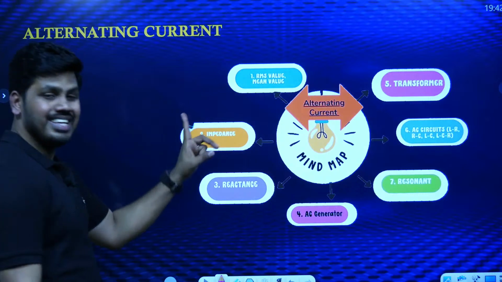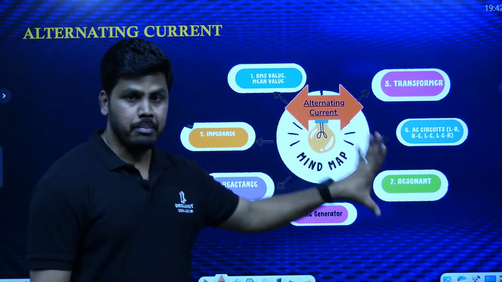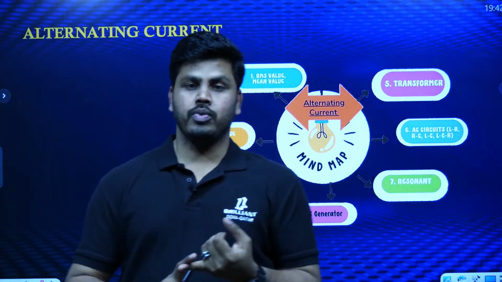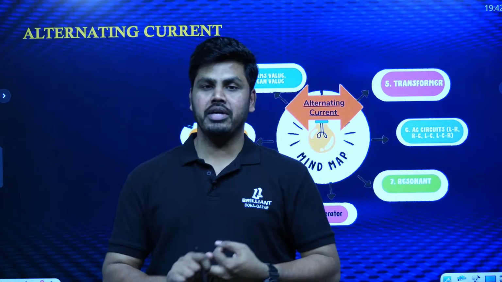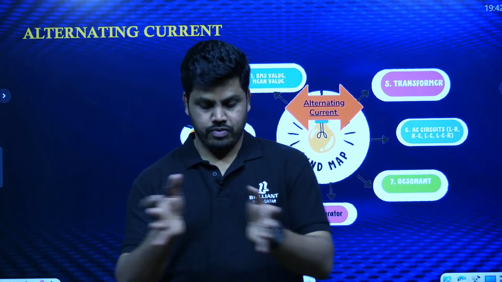Now, when we move on to AC, alternating current, we have the basic concepts: what is RMS value, what is mean value, what is average, maximum peak value, what happens in one complete cycle, if you take the average.